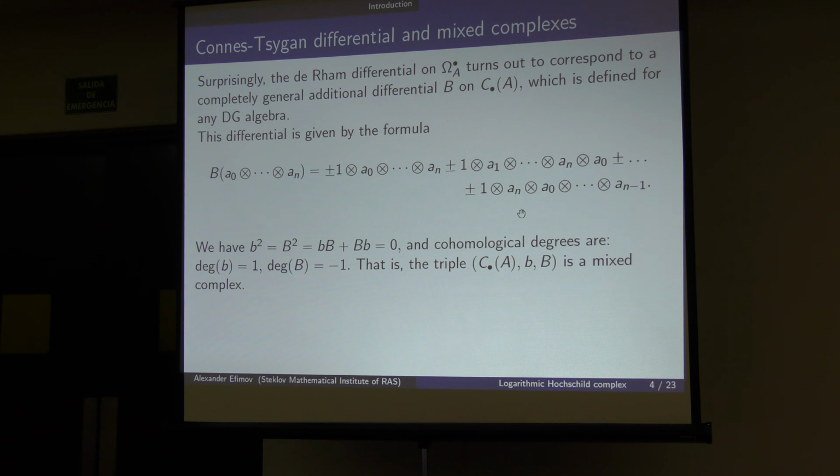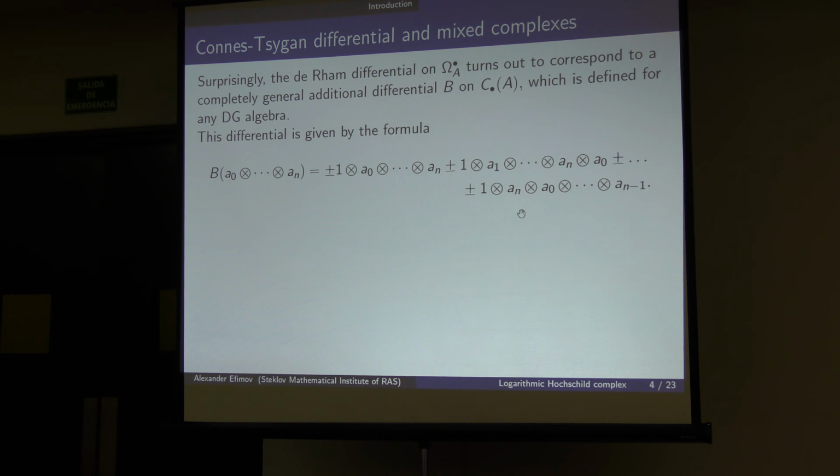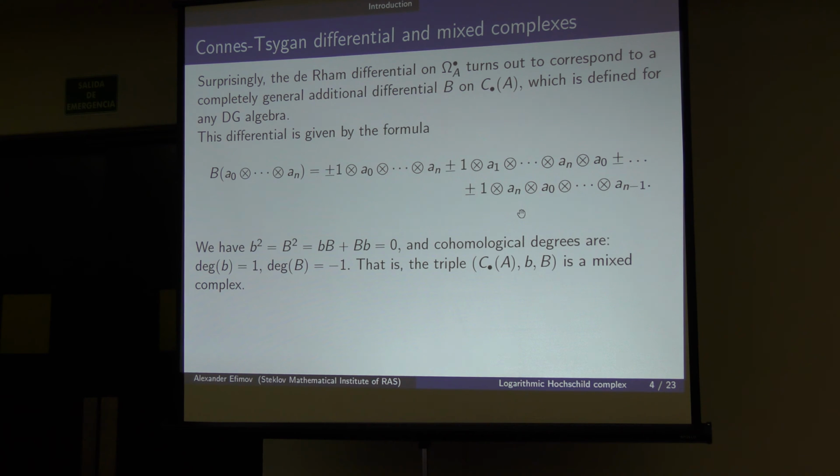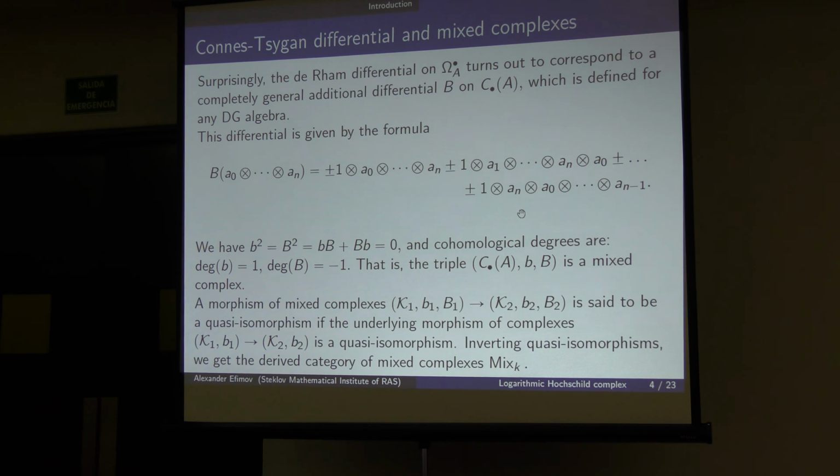Then both differentials square to 0 and anti-commute with each other, and they have opposite cohomological degrees. So the Hochschild differential is of course of degree 1, and this Connes-Tsygan differential is of degree -1. So this triple is what's called a mixed complex.